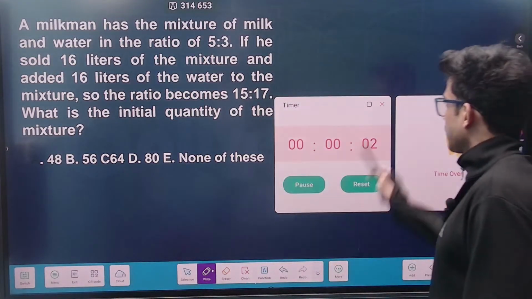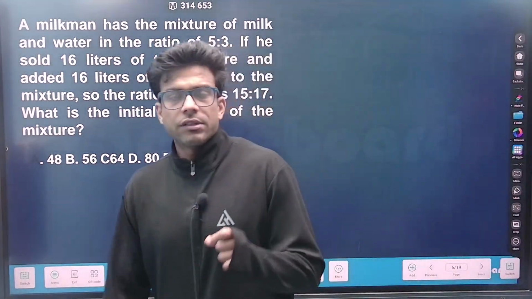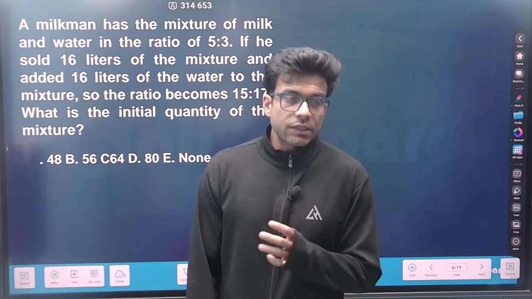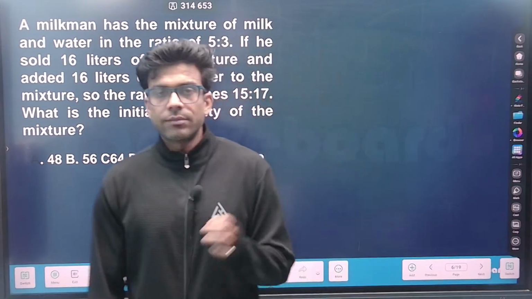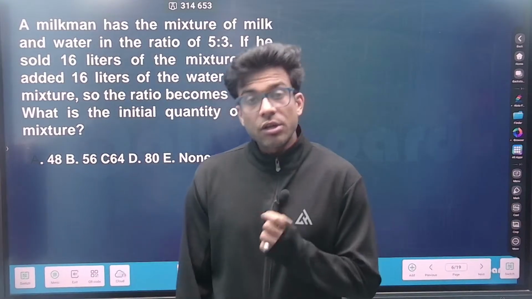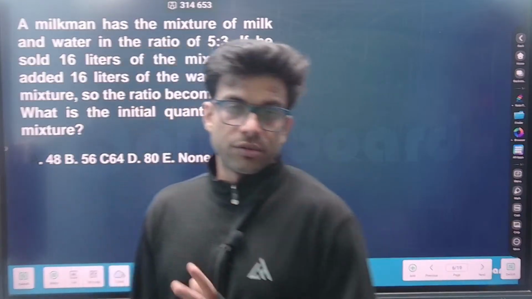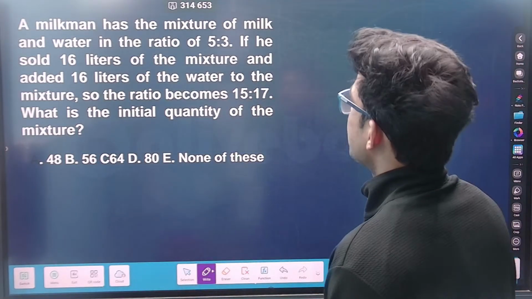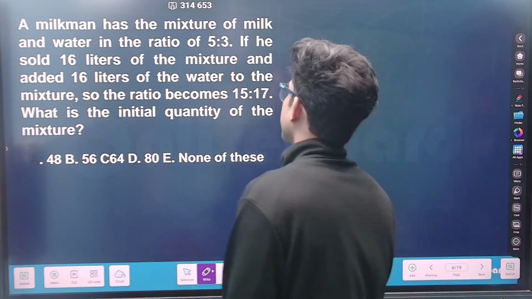Okay. So guys, before solving this question, I would request that please follow the process which I am guiding you through right now. Definitely, you will get the logic behind what we are doing in the question. Correct, everyone? Okay, let me check. A milkman has a mixture of milk and water in the ratio 5:3.